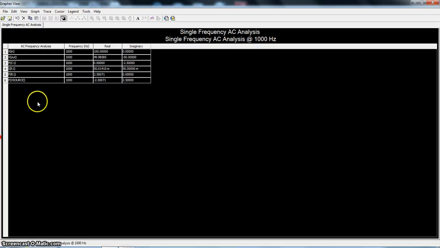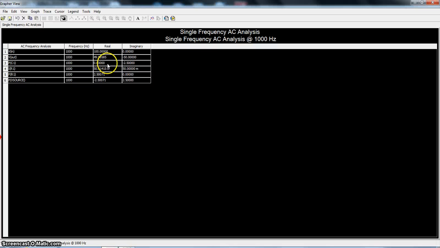Well, let's go through and look at the various parameters. First of all, we have the input voltage. The real part is 100. The imaginary part is 0 at a frequency of 1000 hertz. We have the output voltage, which for all practical purposes would be about 50 minus J50. And incidentally, the rectangular form is not the best form for expressing voltages and currents, but nevertheless, we can do it that way, 50 minus J50.